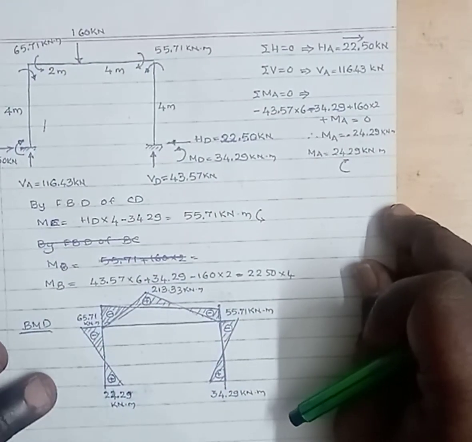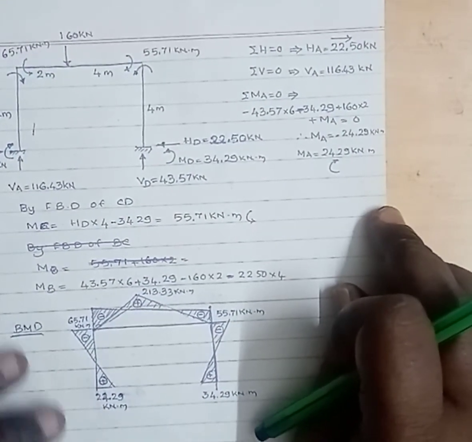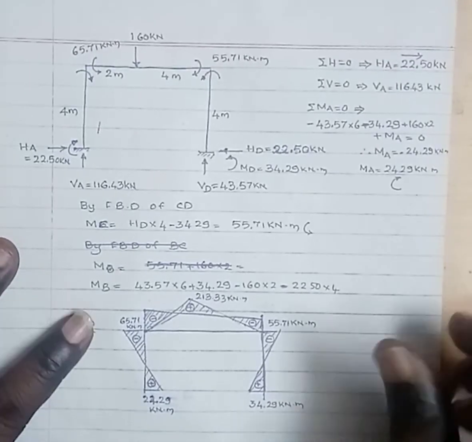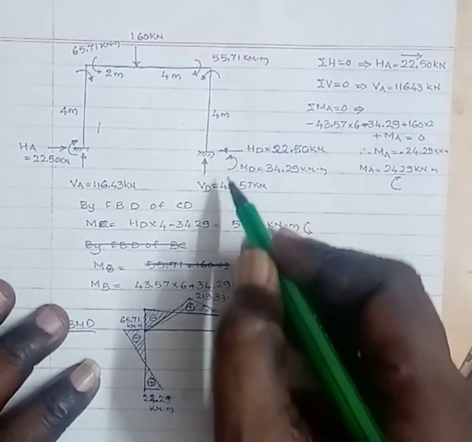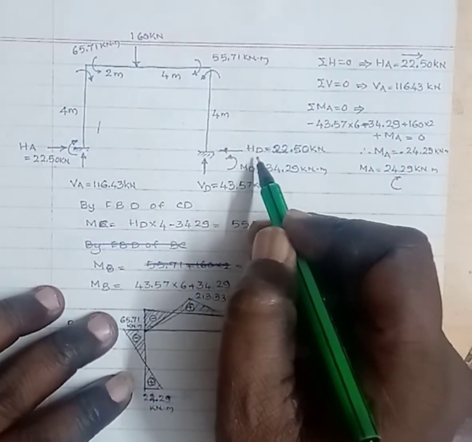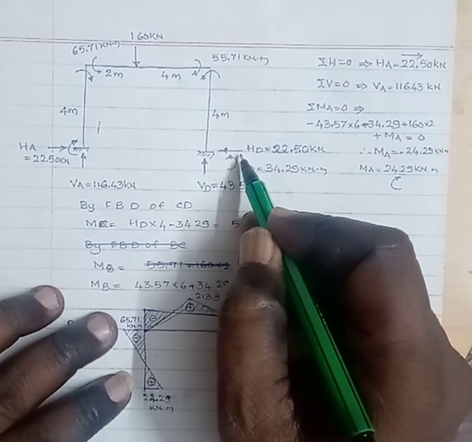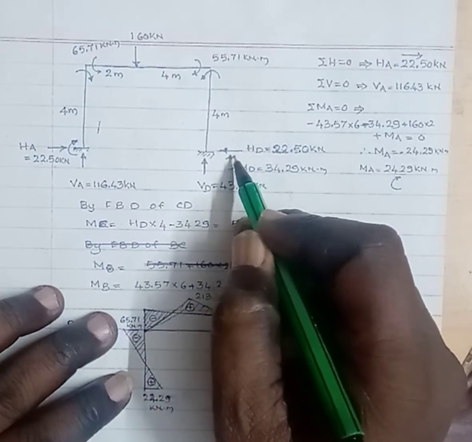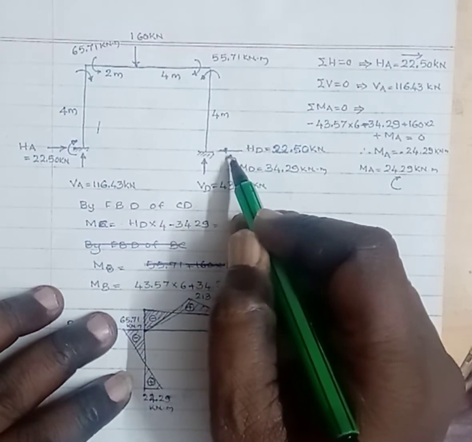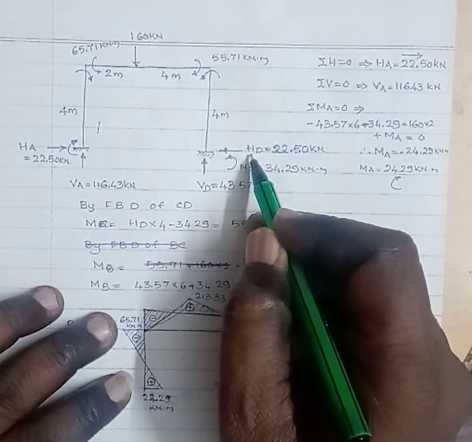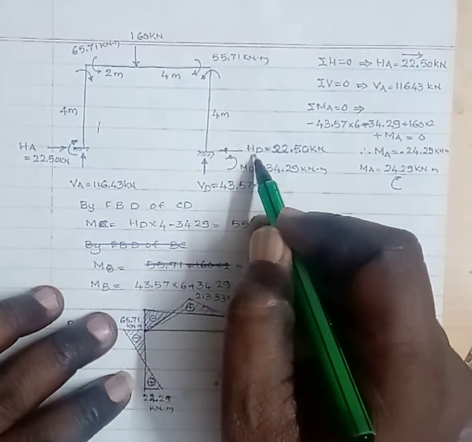Here by applying the equilibrium equations, that is summation of H equals 0. Just now we have calculated the HD value. HD is one of the redundants, and we have got a negative answer. Here we have to change the direction, that is instead of showing towards the right side, I have shown it towards the left side. This is HD.